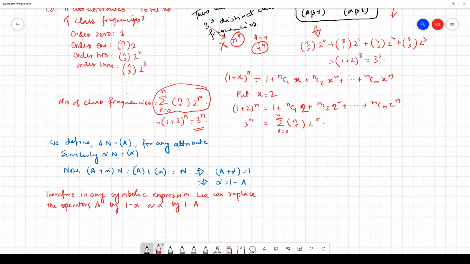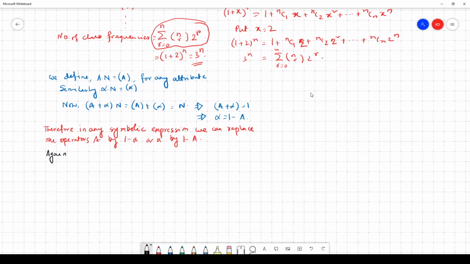Again, AB equal to this. Now alpha beta this is equal to alpha beta capital N, use this.